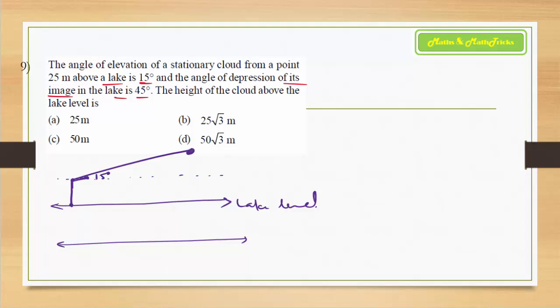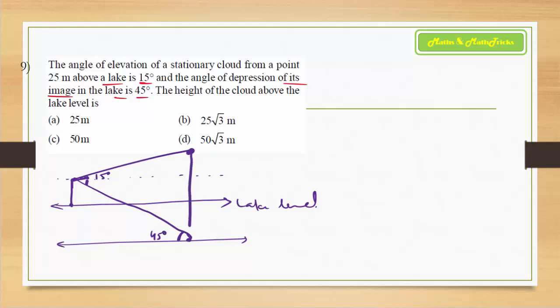Now this cloud's shadow, its image, falls here in the lake. The angle of depression of its image from the same point, which is 25 meters above the lake, is given to be 45 degrees. So this is 45, meaning the alternate angle here is also 45.